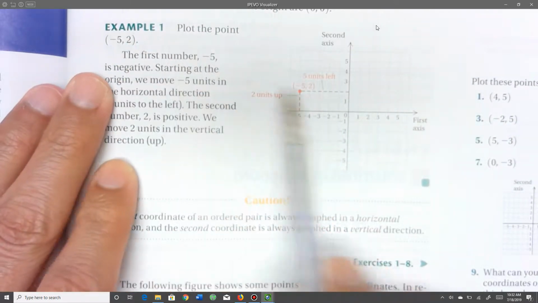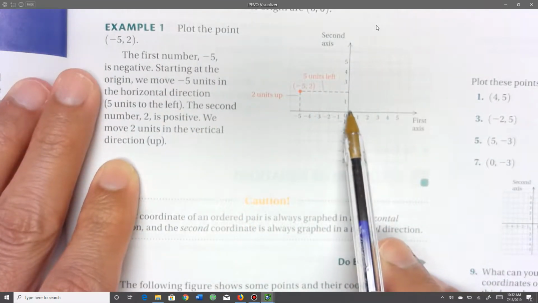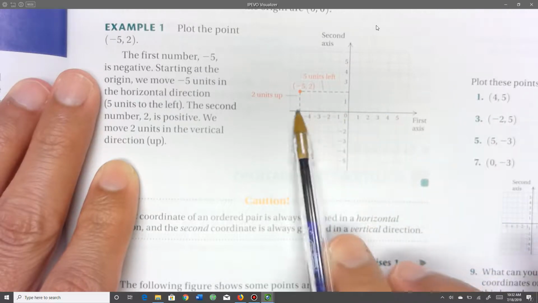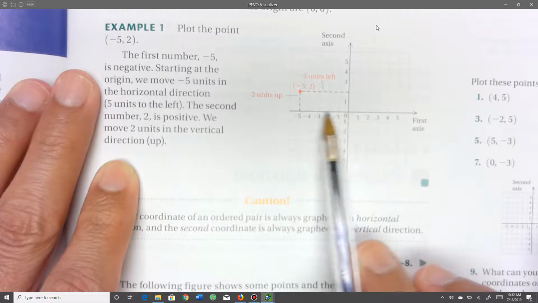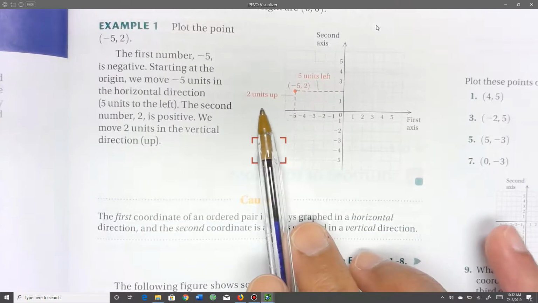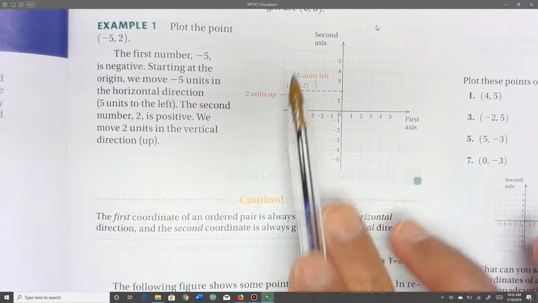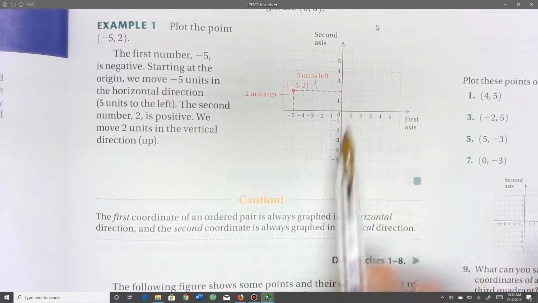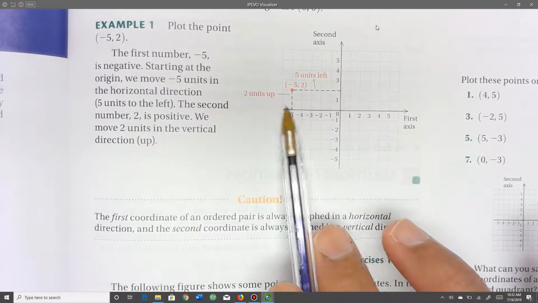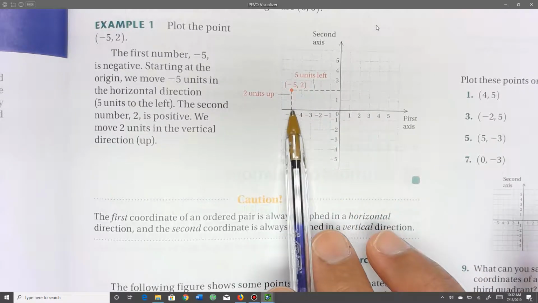But let me go ahead and plot this one really quick, because it is important to remember that you always move on the x-axis first, like on top of it, like literally on top of it, okay? And then from there you either move up or down. You do not go back to the y-axis and move up and down. No, wherever you land on the x-axis, you either move up or down, okay?